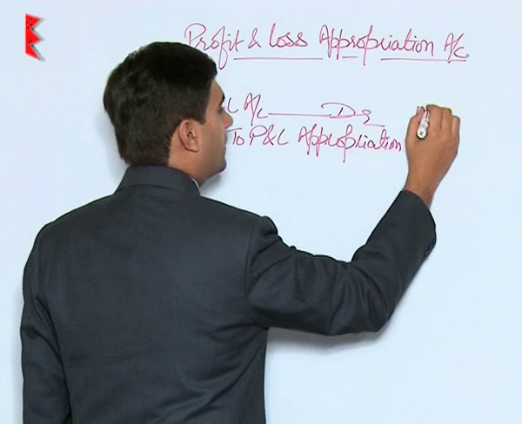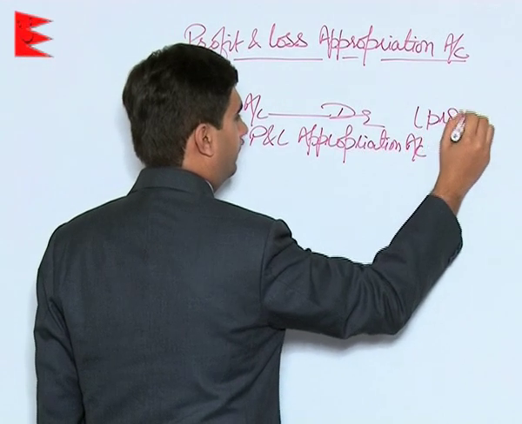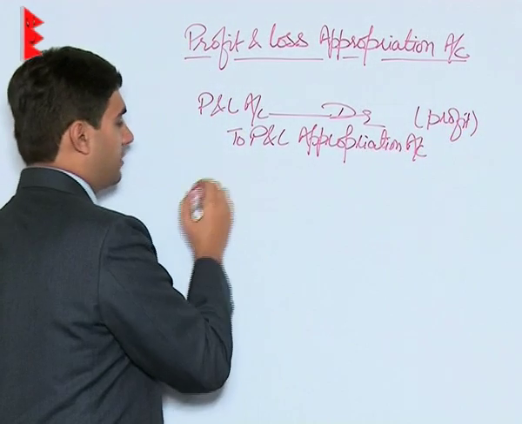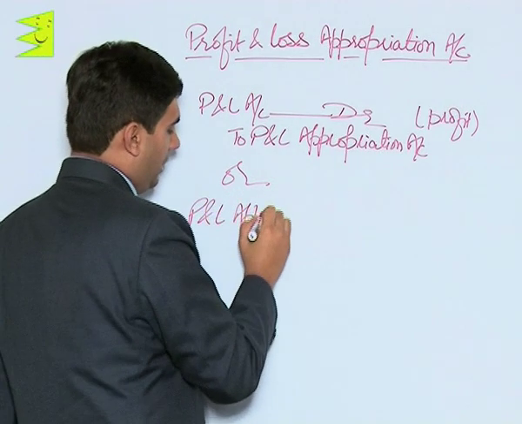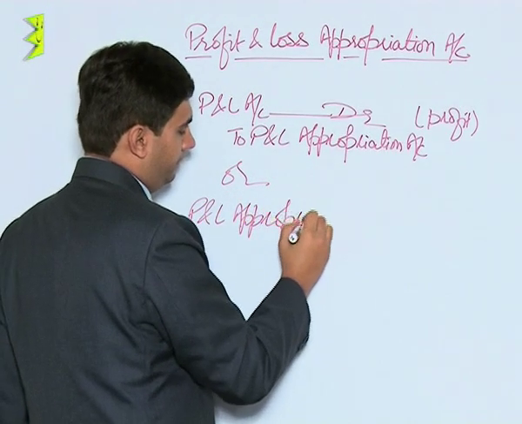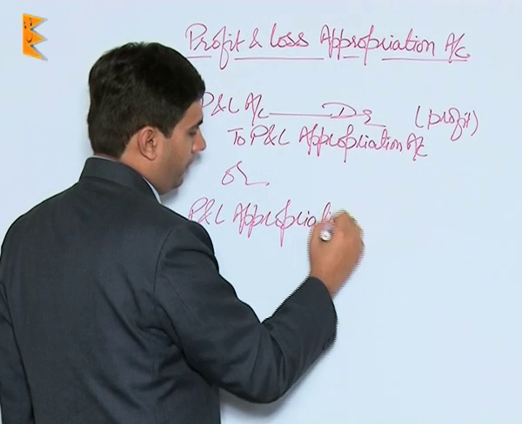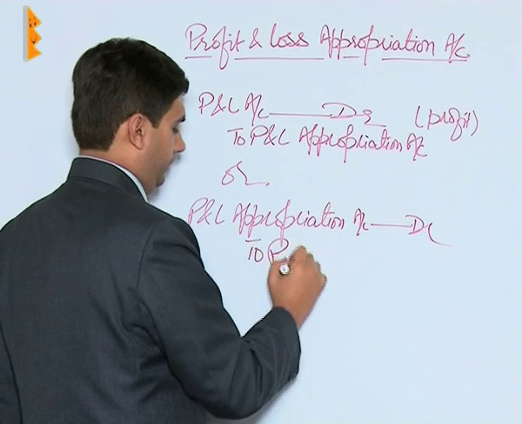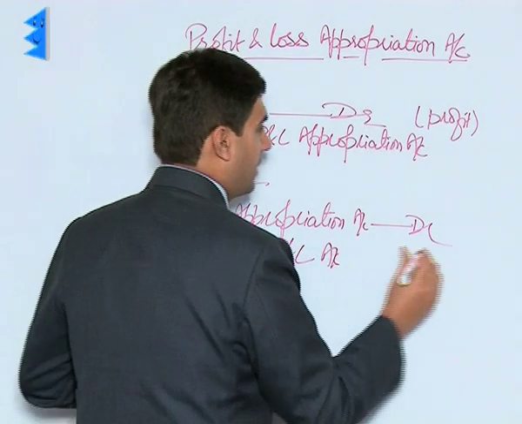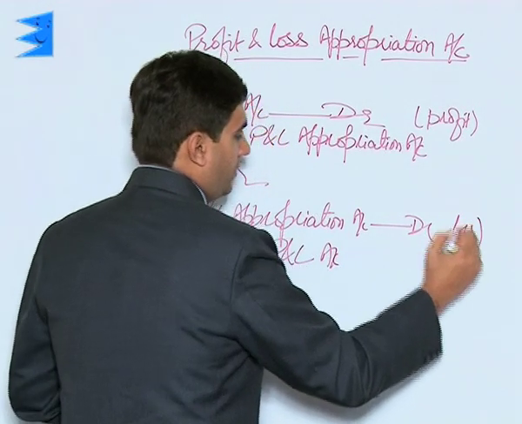That is transfer of profit. And in case it is loss, it would be P&L appropriation account debited to P&L. That is in case of loss.